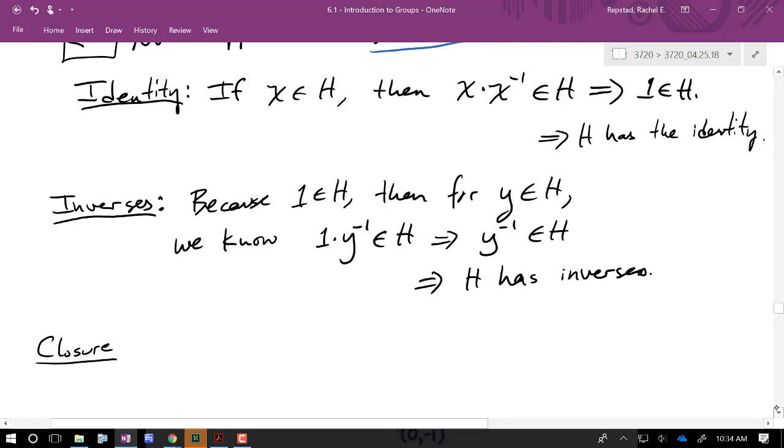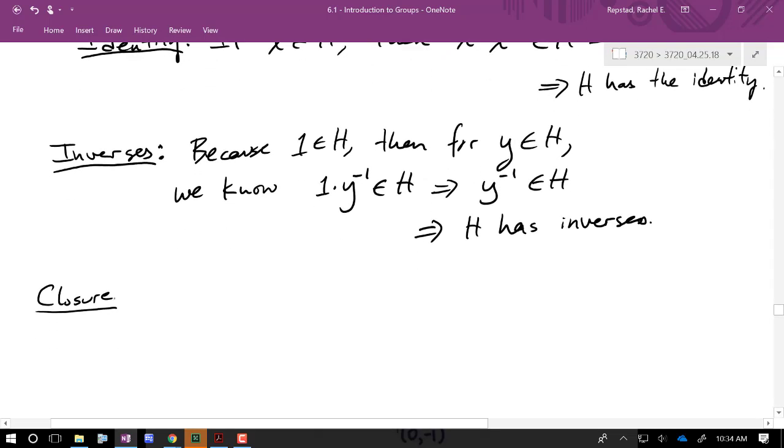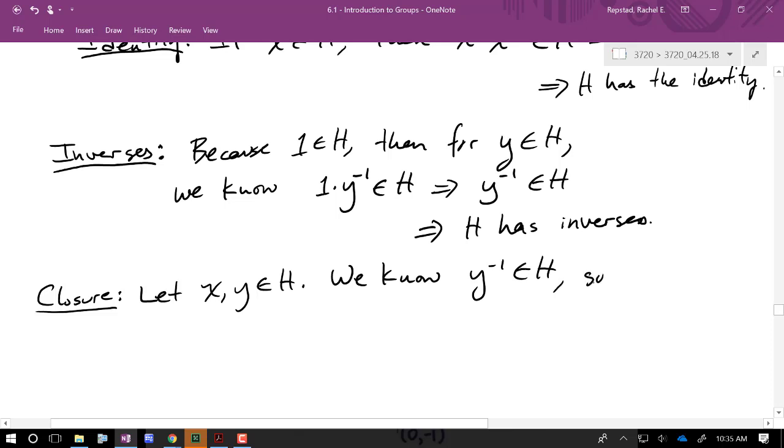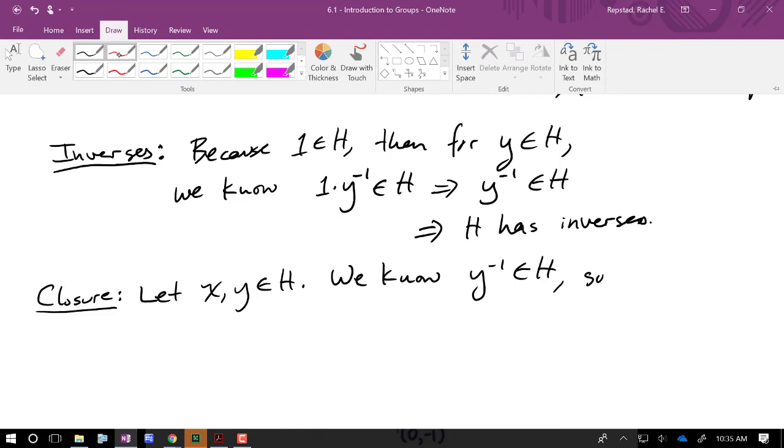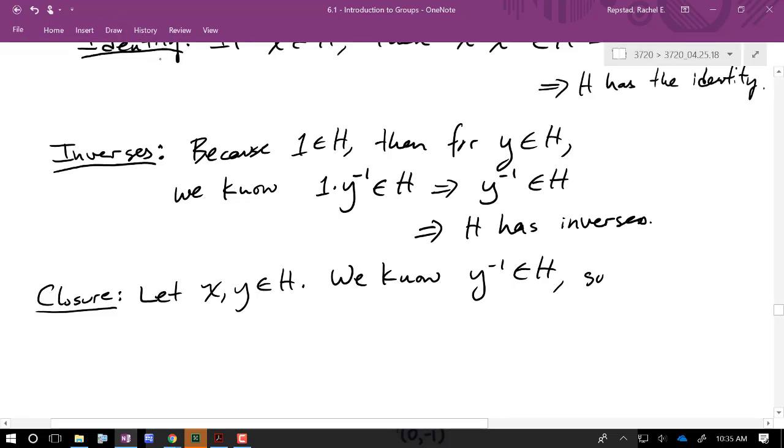So let's let x and y be elements of H. We already know that y inverse has to be in H because H contains inverses. So now I'm going to take that same product that is our assumption in this part of the proof, that if I take an element times the inverse of another, that product will always be there.